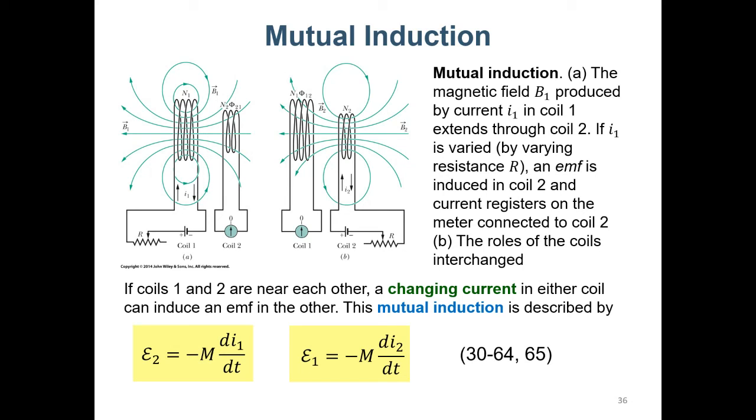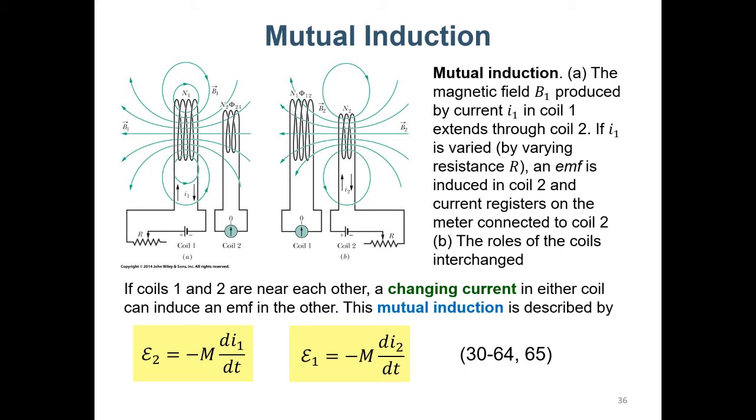So an induced EMF will make this coil generate a changing B field. And this changing B field will generate changing magnetic flux for the original coil, so that it will generate another induced EMF for the first coil. And then it will loop forever.